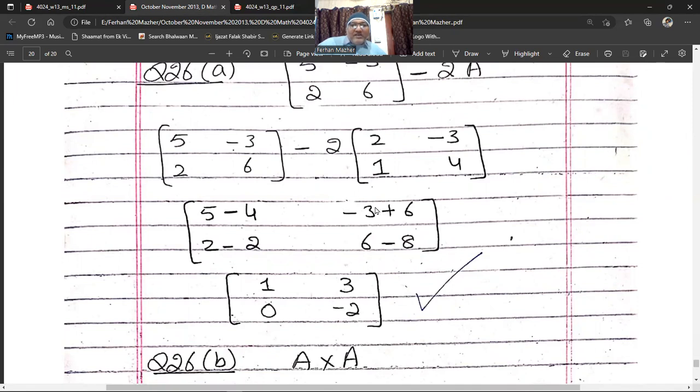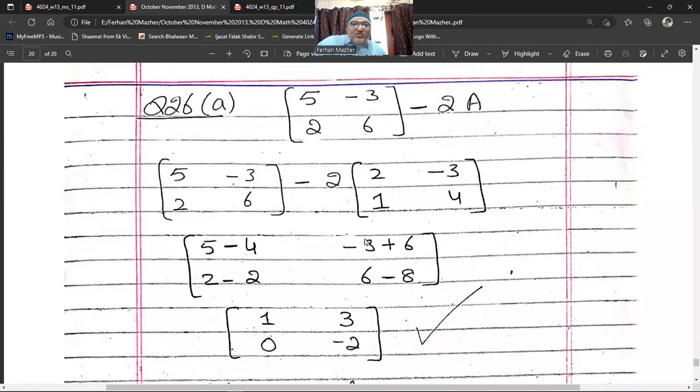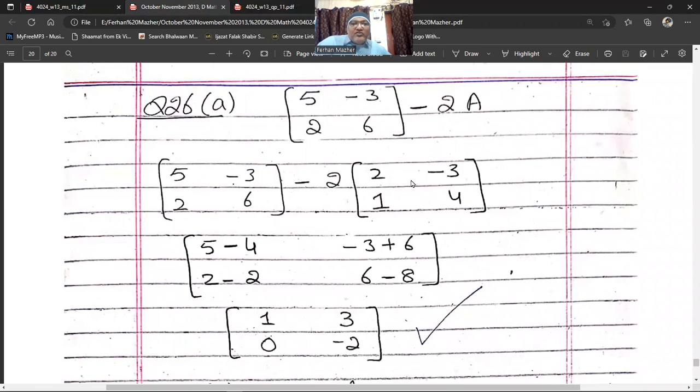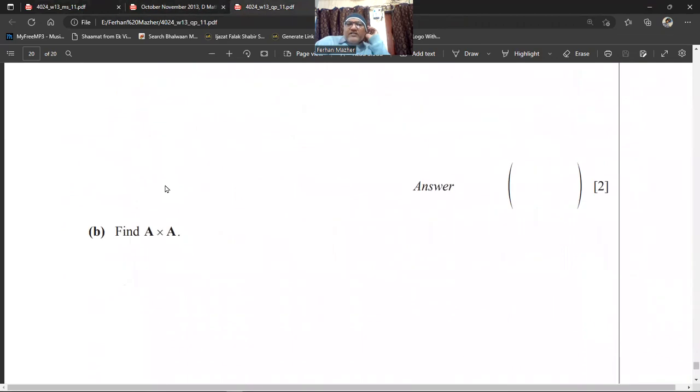So 5 minus 4 is 1, minus 3 plus 6 will be 3, 2 minus 2 is 0, 6 minus 8 is minus 2. I have done 2 steps in 1 step, so that's why it can be a little confusing, but please do all the steps. My answer is right. Let me check: 1, 3, 0, minus 2. I hope you understand this. It's a very simple, straightforward thing.